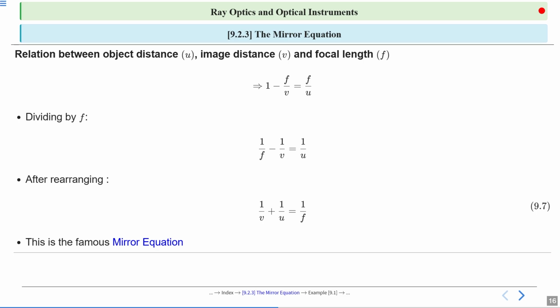You have to put the values in numericals, values will be given, but you have to remember to consider the sign conventions. If you are not considering the sign conventions, then you will get the wrong answer. You have to consider all the sign conventions and put the values in this equation, and you will get the answer. So this is the universal mirror equation applicable to all types of spherical mirrors.